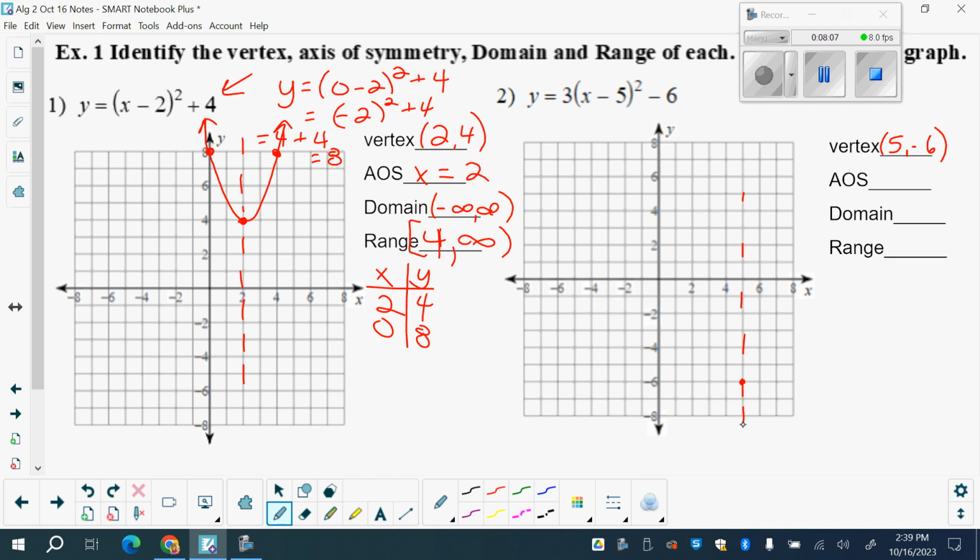So what's my axis of symmetry? Just 5, or x equals 5? Don't forget that it is a line. So 5, negative 6 is here, and this line is our axis of symmetry. 5 is just a number. x equals 5 is the equation of a line.